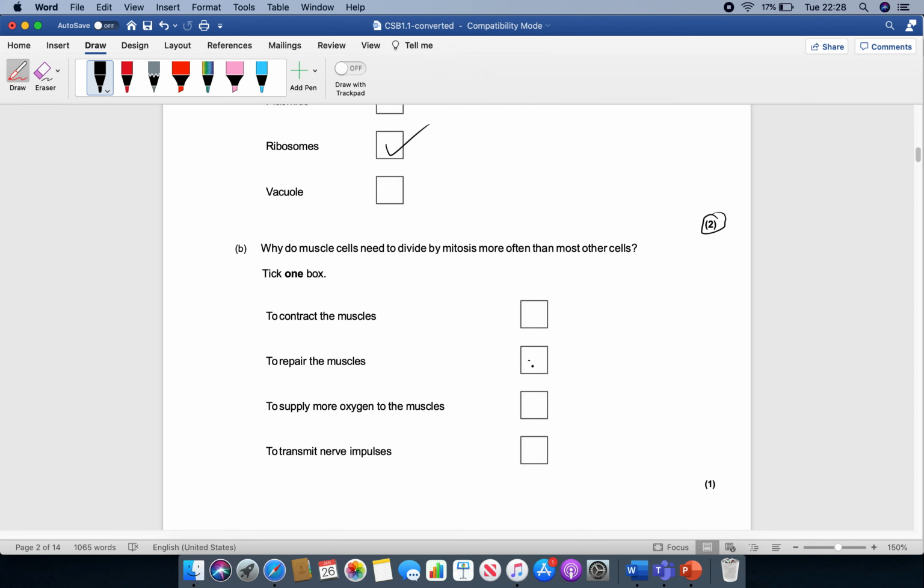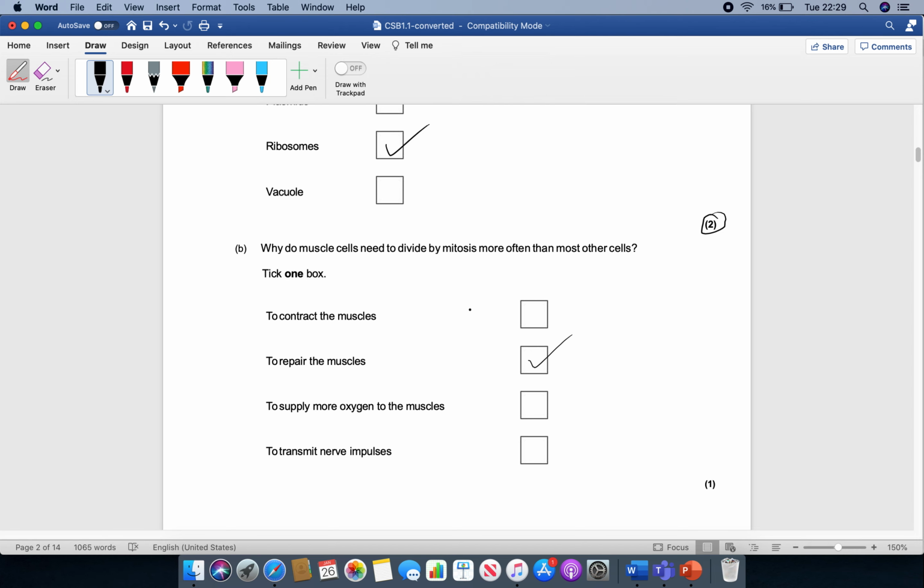Yes, this is the right one, because mitosis occurs to replicate and repair other cells. So remember, a group of cells makes a tissue, a group of tissues makes an organ, a group of organs makes an organ system, and a group of organ systems makes an organism.